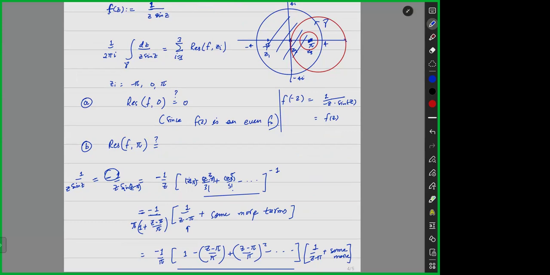It is unbounded because at pi it becomes 0 and it is unbounded. So it looks like it is an essential singularity. And at an essential singularity, we don't know the residue, because residues are defined for essential singularity also. We have to just see what is the first negative degree term.